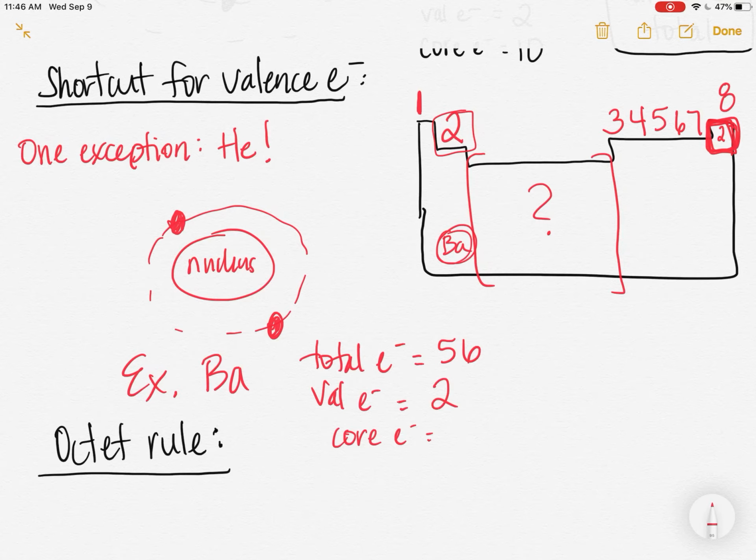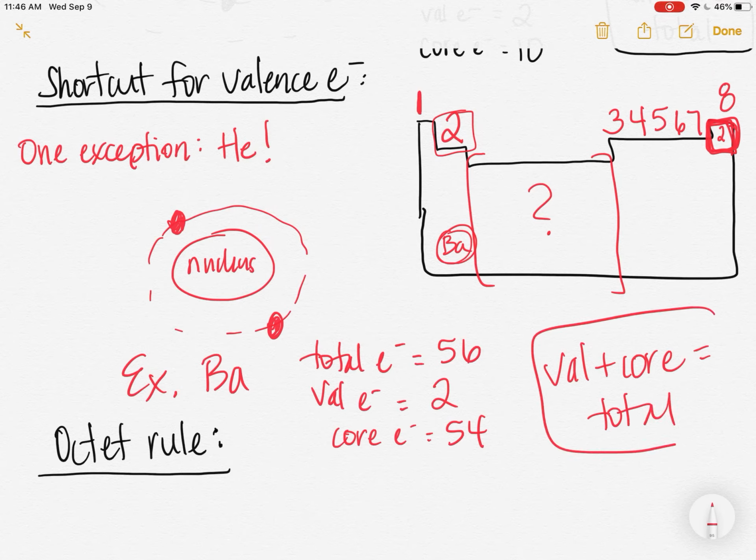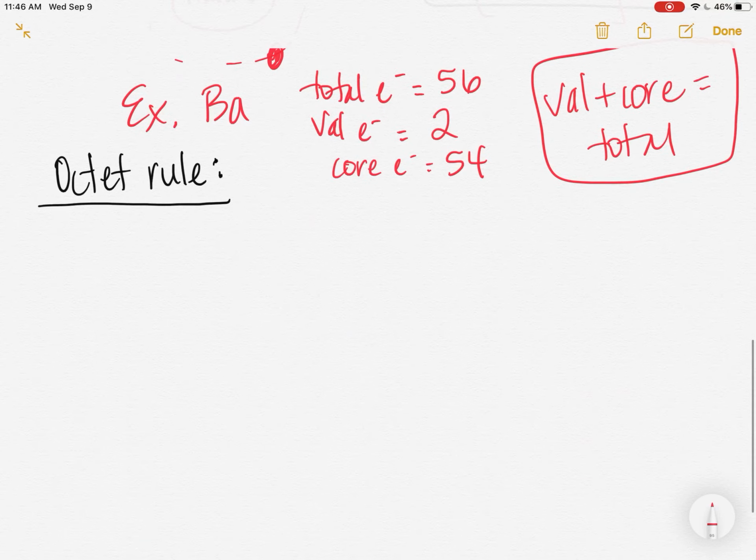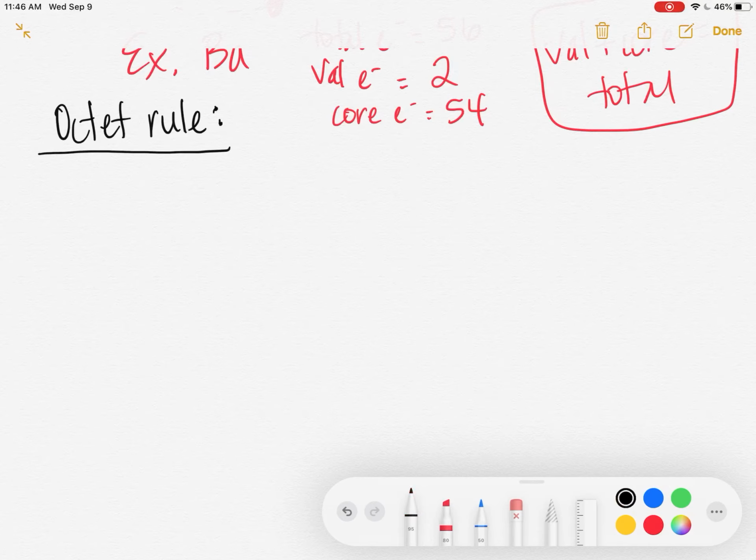I can even throw in how many core electrons, because you should know if there are 56 total and only 2 are valence, that means 54 of them must be core electrons. And those are the 3 types of electrons you should be able to count at the end of this discussion. Okay, remember, valence plus core equals total every time, no exceptions. Okay, this is a big takeaway point. If I take my valence and my core, I will always get total electrons.